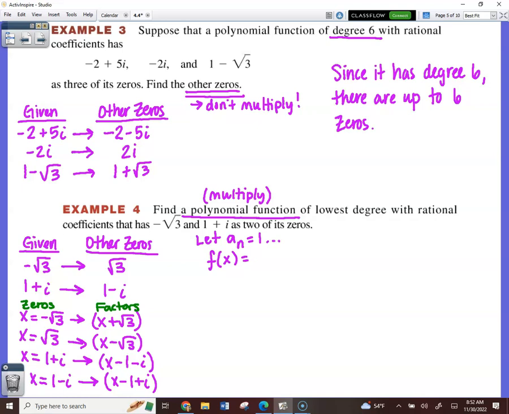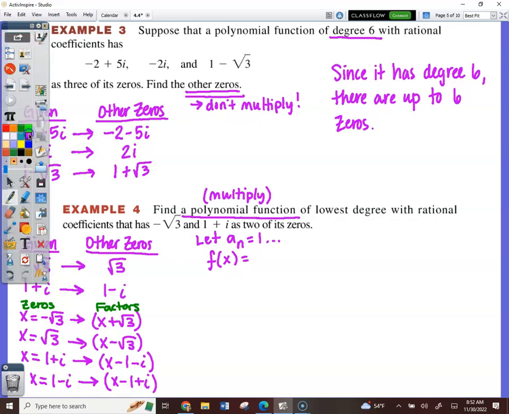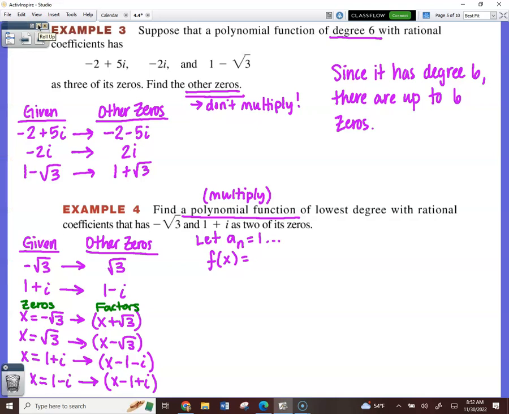So, can you hang with multiplying this stuff together? We're going to put it all in. We've got x plus square root 3 times x minus square root 3 times x minus 1 minus i times x minus 1 plus i.